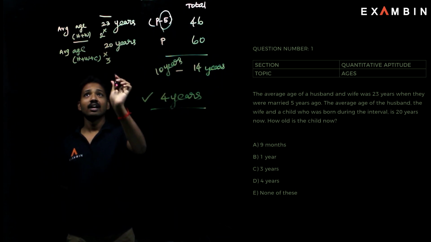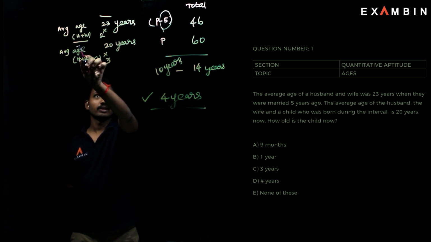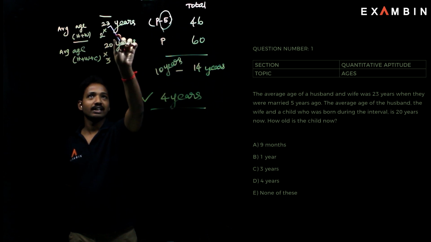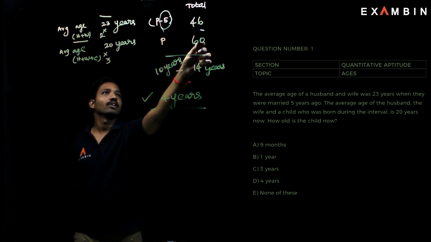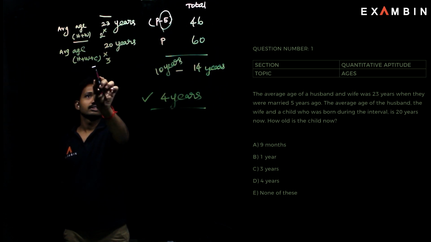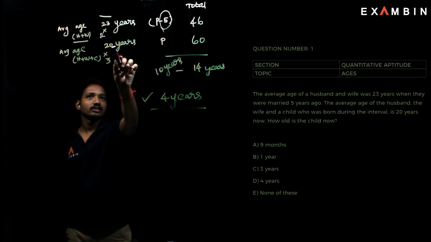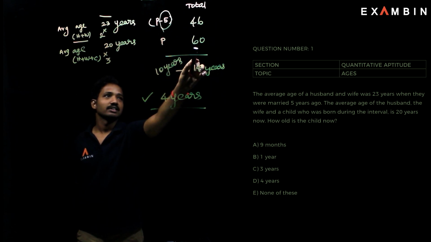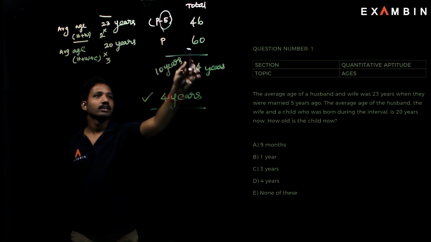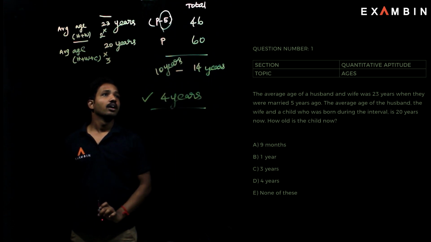I'm again repeating, the average age of husband and wife before 5 years is 23 years. So the total age would be 23 into 2, 46 years. The average age of husband, wife, child is 20 years. The total age would be 20 into 3, 60 years. So the difference between the total age before 5 years and now is 14 years.